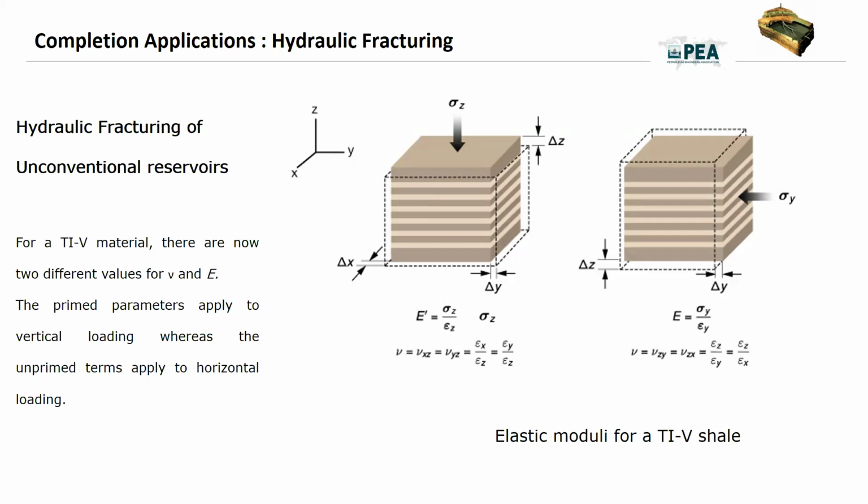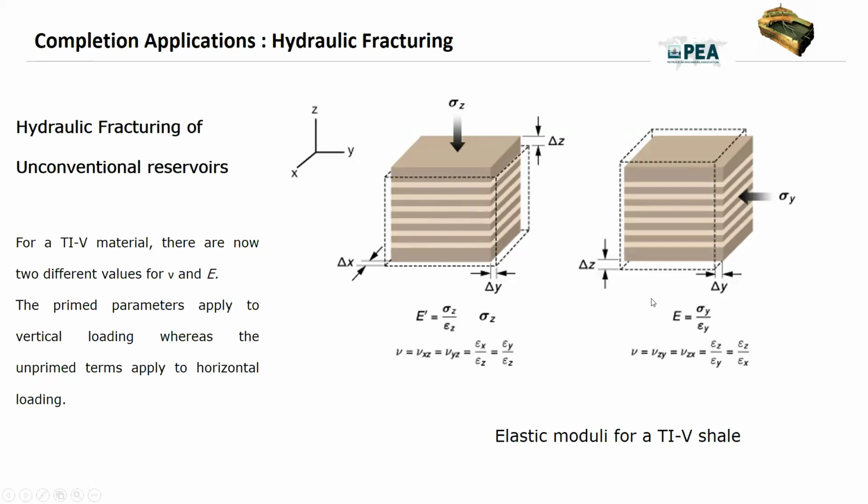anisotropy model. Most of the shales are characterized by laminated shale. This laminated shale tends to be transverse isotropic elasticity, meaning a TIV model with an axis of rotational symmetry perpendicular to the lamination. This is an example of TIV shale reservoirs. This is laminated shale reservoirs that tend to get TIV symmetry.